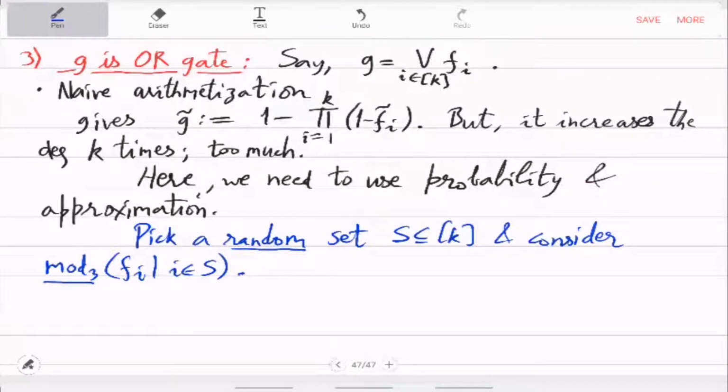But then there will be some errors introduced, right? Because when you are picking a random set S, maybe you were unlucky and all these values of Fi were 0. Fi equal to 1 was happening somewhere else and you missed that, right? So we have to calculate that probability. What is that probability?